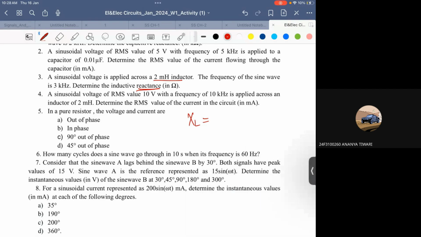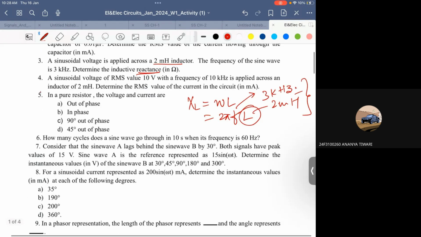So you'll have omega L, where omega is 2 pi f, and L has been given already in microhenry, and then frequency is also given, right? 3 kilohertz.